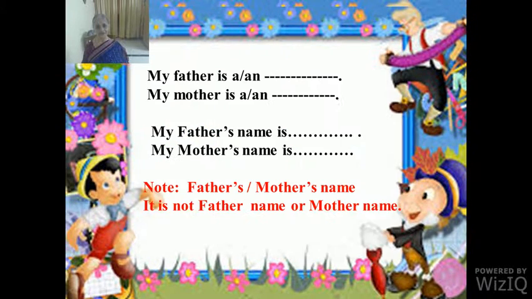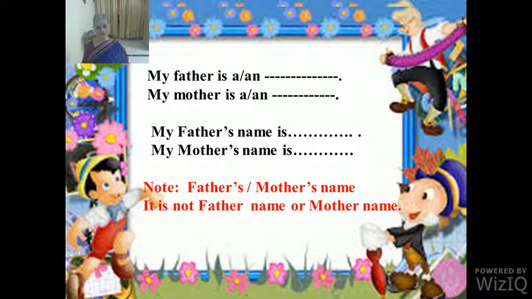So after having told me your name, you are going to tell me something more about yourself. So now we go to our parents. And when you are speaking about your parents, you say, my father is a doctor. My father is an engineer. My mother is a homemaker.